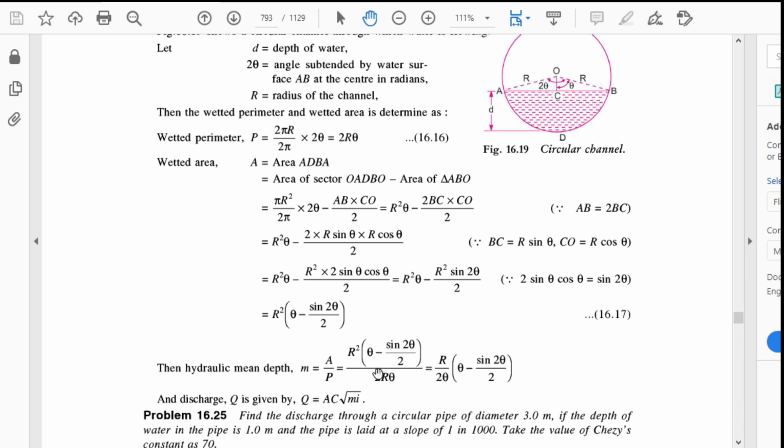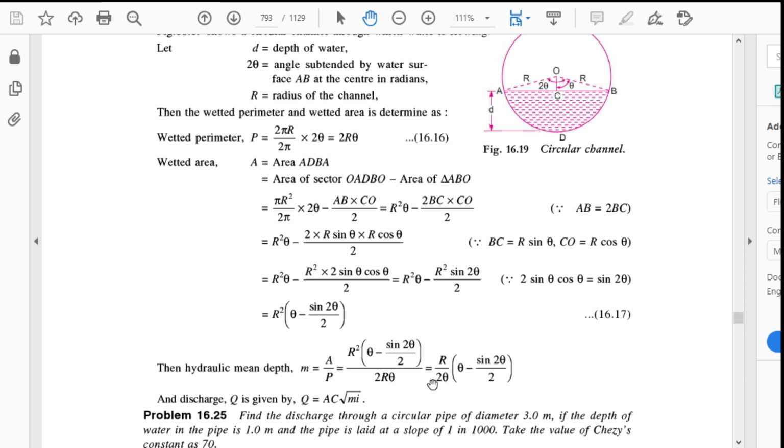By using this we can calculate the hydraulic radius or hydraulic mean depth, m equals weighted area upon weighted perimeter.